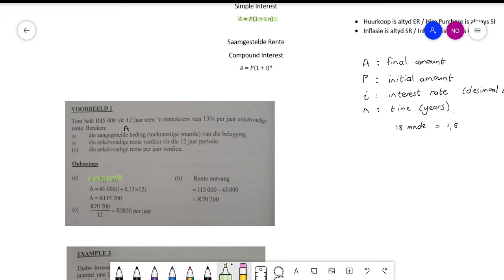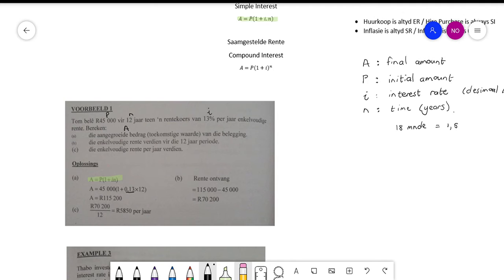So we identify from this that the 45,000 rand is P, 12 is N, and that 13 will be I. So as ons hier gaan kyk, gaan stel hulle hom net daarin, en julle kan sien hulle het daai 0,13, die 13% omgesit na 0,13 toe, and you just punch that into your calculator, and you get 115,200.